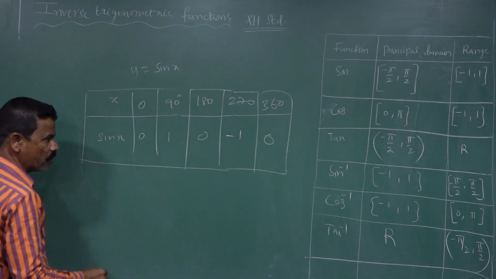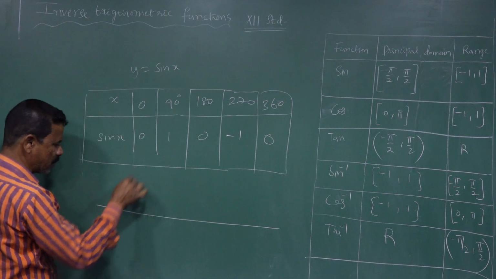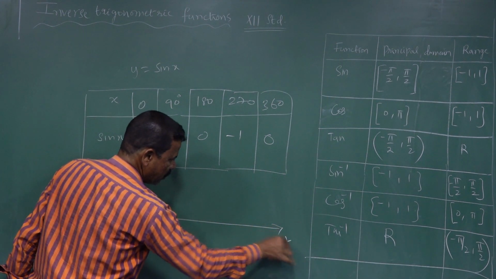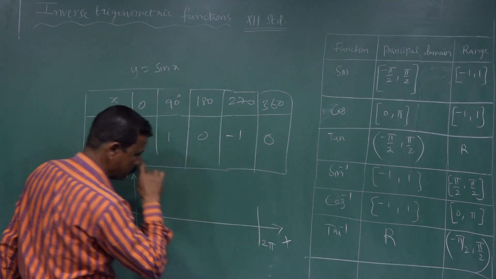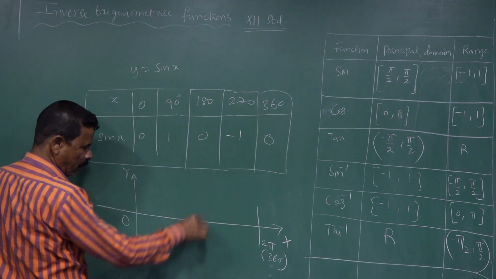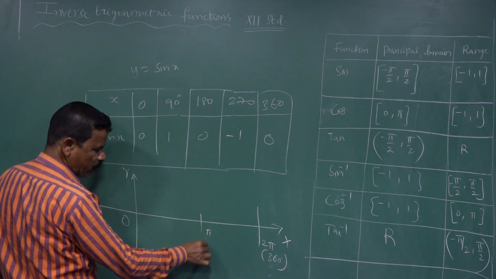According to these values, the sine graph is like this. This is the y-axis, origin, x-axis. We consider here 2π, which means 360 degrees. Here π means 180 degrees.